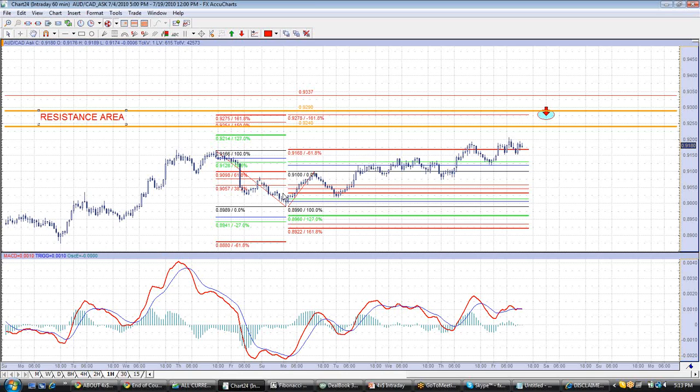Now what we can see is a bearish crab being developed at this level.